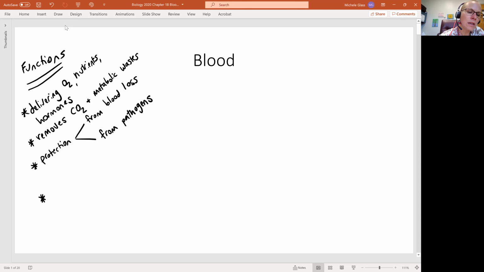We also see the role of the blood in distributing heat. Now this we should be able to connect from our study of the autonomic nervous system. So we know that when we're in that sympathetic division, fight, flight, freeze sort of response, that we talked about our blood being redistributed, that's probably the better term, to our extremities.